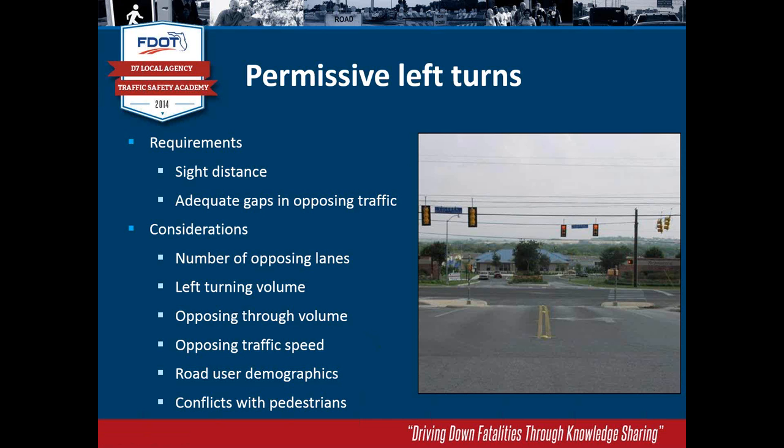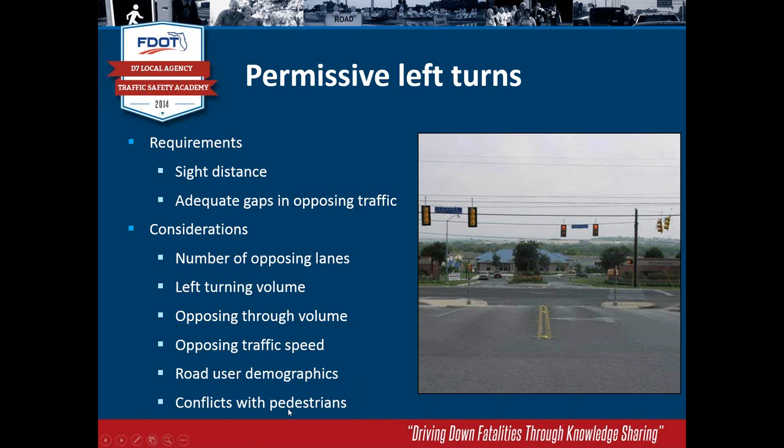Like I said, the elderly population do show up in a lot of angle crashes, or really a left turning crash, where they're accepting a gap that's really too small, and they get into an angle crash, a T-bone crash, where they were not able to properly judge the speed of the oncoming traffic. So that's a real consideration as you're deciding what type of left turn protection to use. What are the speeds out there? Road user demographics, like I said, if you've got a lot of young drivers or a lot of old drivers, then permissive may not be the best thing to do.